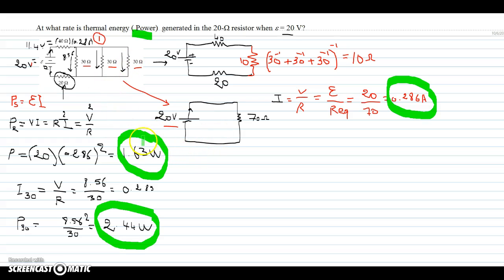This is the kind of analysis I expect you to do during the exam if you have only one source. The first thing to do is reduce the circuit, find the total current, and then go back to the initial one and follow the picture. If you have two sources, then you will have to use Kirchhoff. I will do another video.